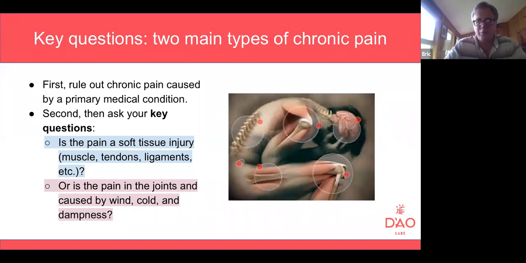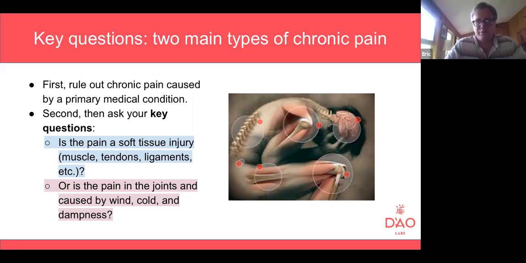And then you've got two questions to ask. And if you understand the distinction here, your clinical practice will be transformed. So first, is the pain a soft tissue injury? In other words, is it an injury to the muscles, tendons, ligaments, cartilage, what have you?